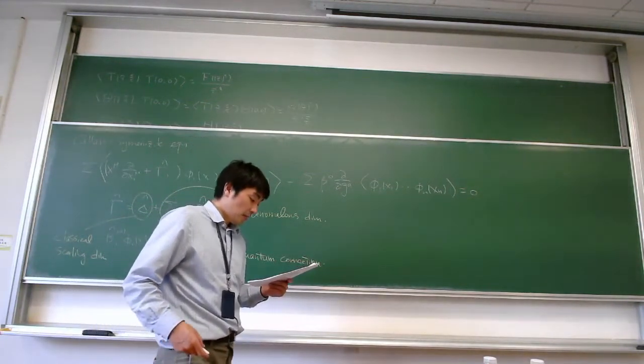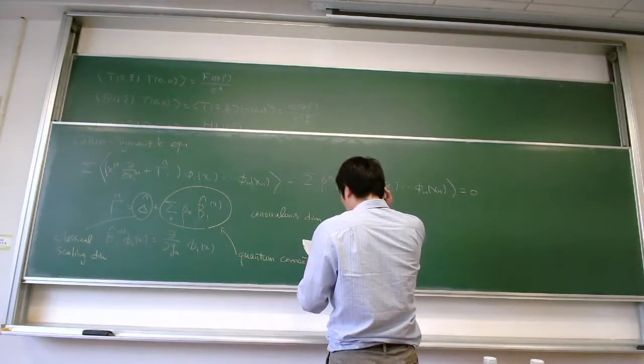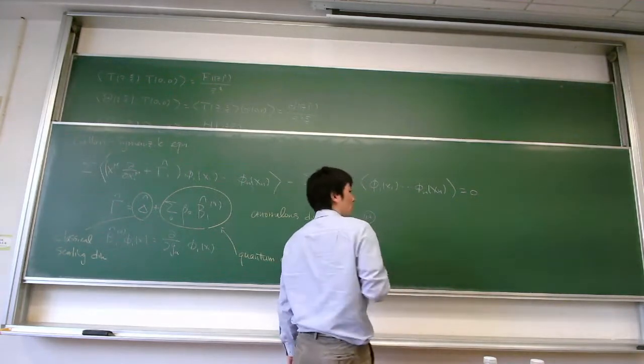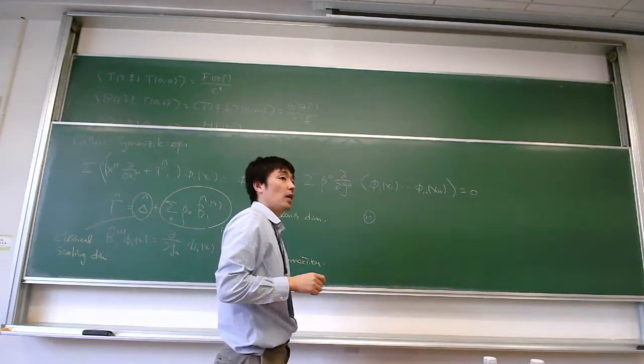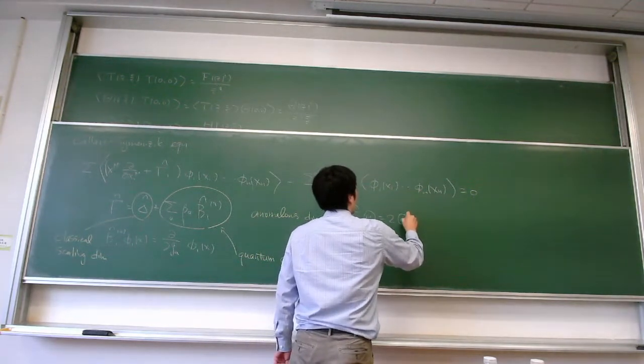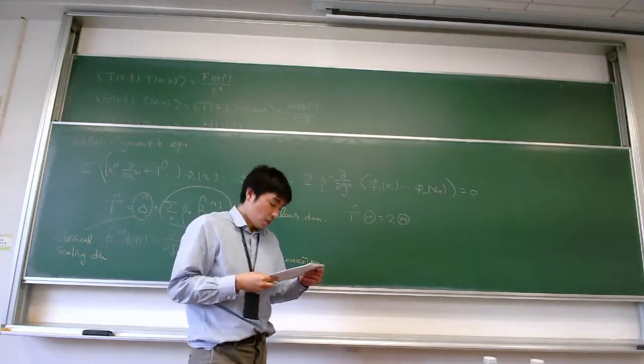Whatever happens, the quantum dimension of the Theta, as I mentioned, this Theta is the trace part of the stress-energy momentum tensor. This one is always 2, including quantum correction at the quantum level.